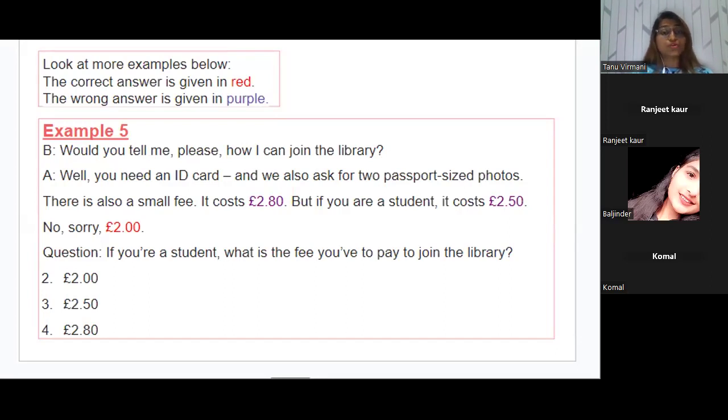No, sorry, it will cost you 2. So the question was, if you are a student, what is the fee you have to pay to join the library? Two. So if you are a student, it will cost you 2. Not 2.8, not 2.5. Right?